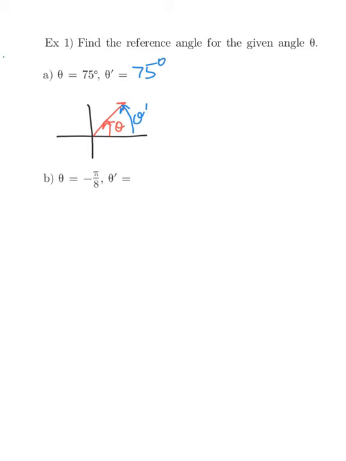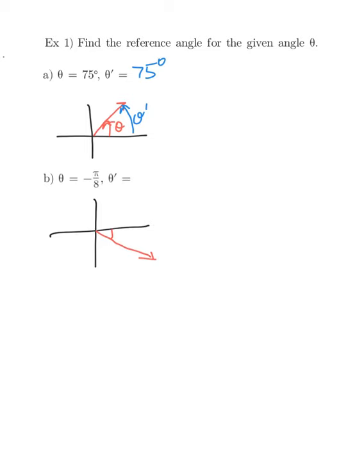On example B, we are given a theta of negative pi over 8, so we are in radians this time, and we are to find theta prime. So remember what happens when you are doing a negative angle. You start at 0 and go down. So we start here and go down. We don't go down very far.